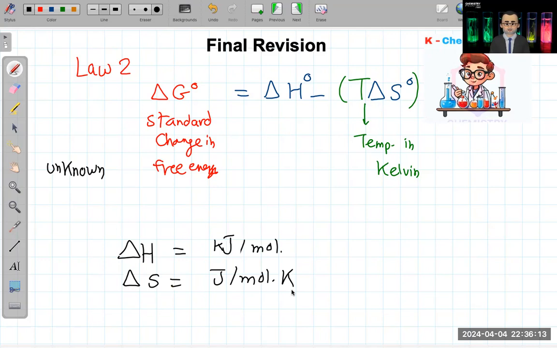So don't forget to convert the values from delta G from kilojoule into joule, of course, by multiplying by 1000. And if you are looking for the delta H, don't forget to divide by 1000. Again, this is the only point in which the students make mistakes, and the other points are very easy to just substitute.